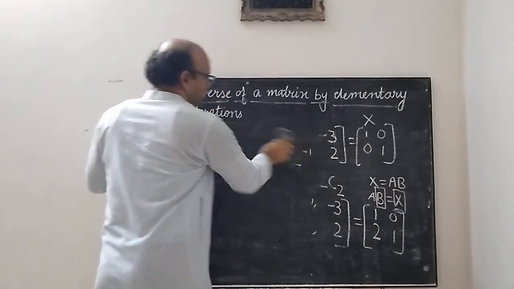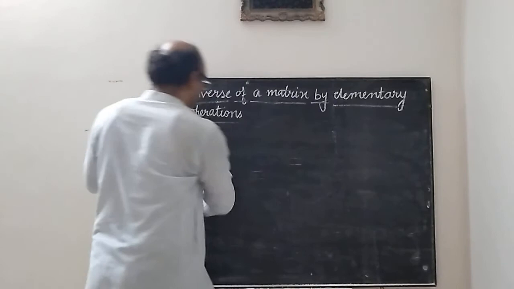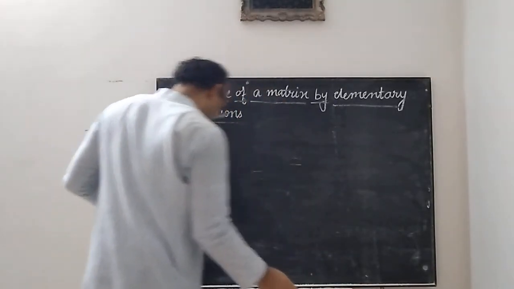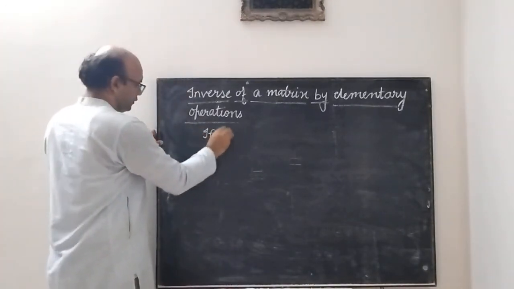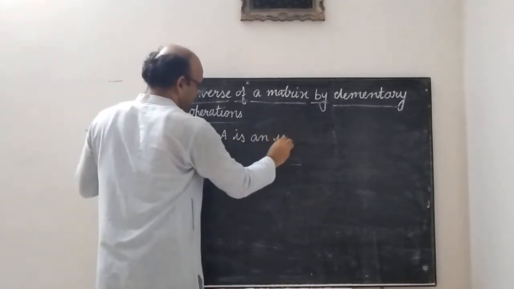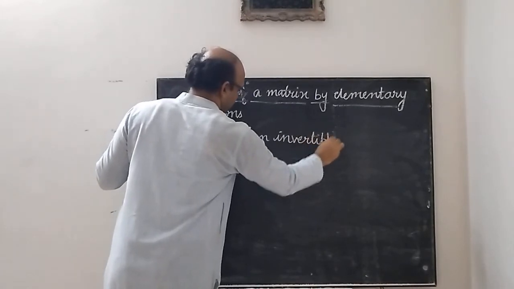Okay, now we come back to the main thing we were discussing, the inverse of a matrix by elementary operations. If A is an invertible matrix, that means its inverse exists.